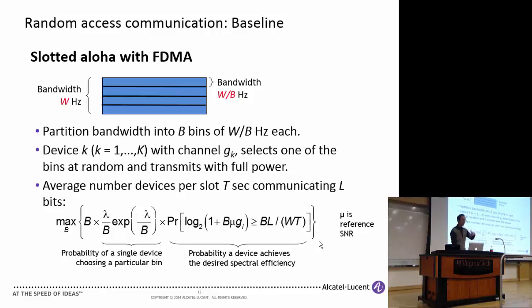And then you want to maximize this with respect to B. B is the number of bins, so you can design your system to have the optimum number of bins. From this we have an expression for the number of devices that can be supported by this baseline slotted FDMA, slotted low-power FDMA.